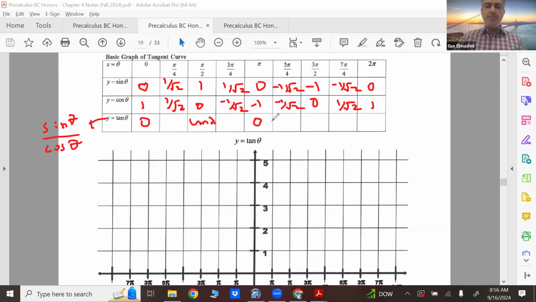And then that's 0. That's undefined. And that's 0. Did you guys do tangent graphs last year? No? Okay. All right. So it's not that bad. We'll make sense of it. Okay. That's 1, -1, 1, -1. So far okay with that? All right.